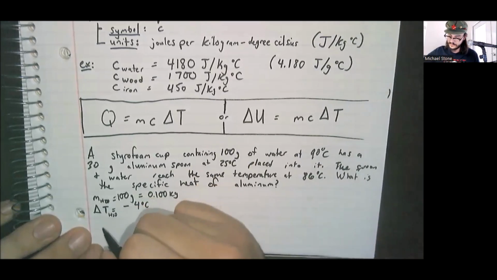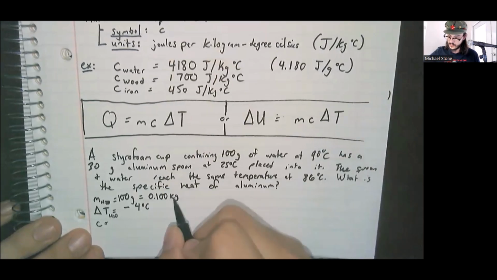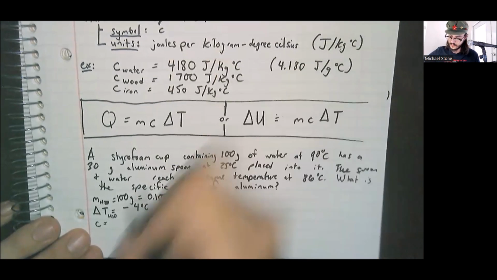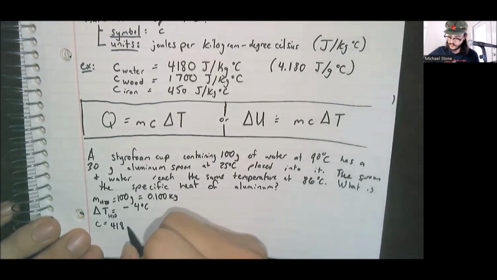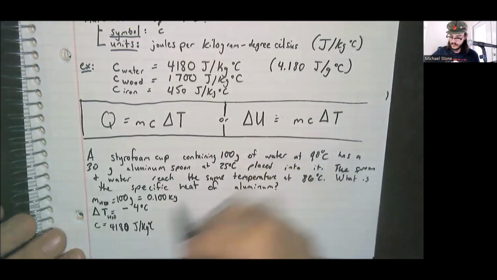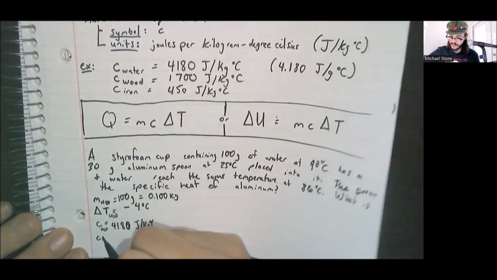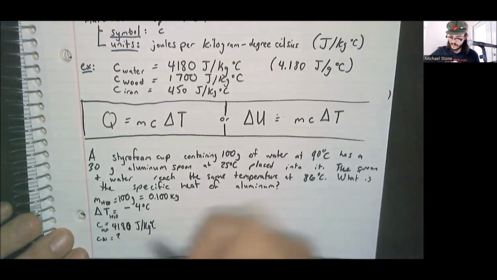And the specific heat of water, we're doing kilograms and degrees Celsius, so we'll do 4180 joules per kilogram degrees Celsius. The specific heat of aluminum is our unknown.